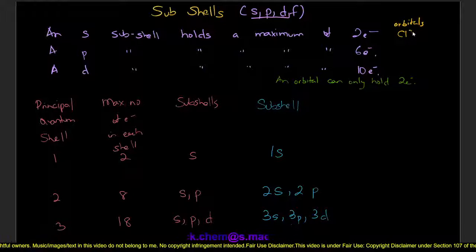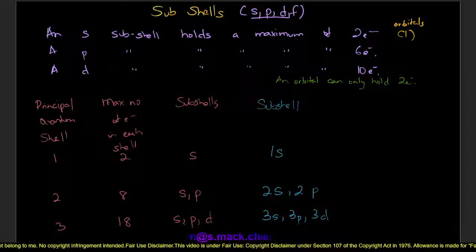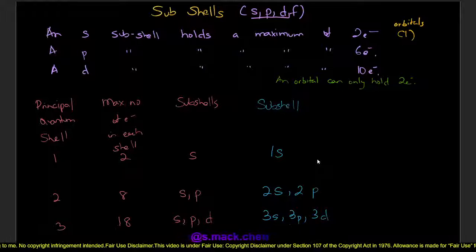We'd only find one orbital in an S subshell. If we say a P subshell can hold a maximum of 6 electrons, given that an orbital can only hold 2 electrons, how many orbitals do we expect to find in a P subshell?